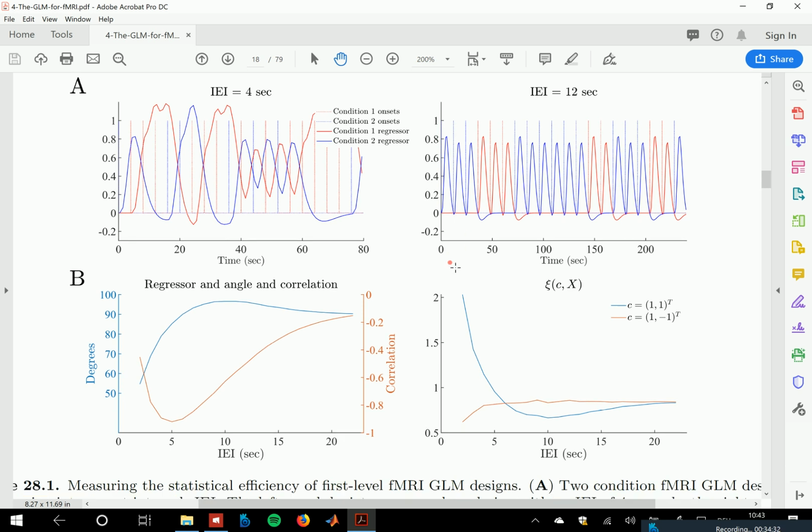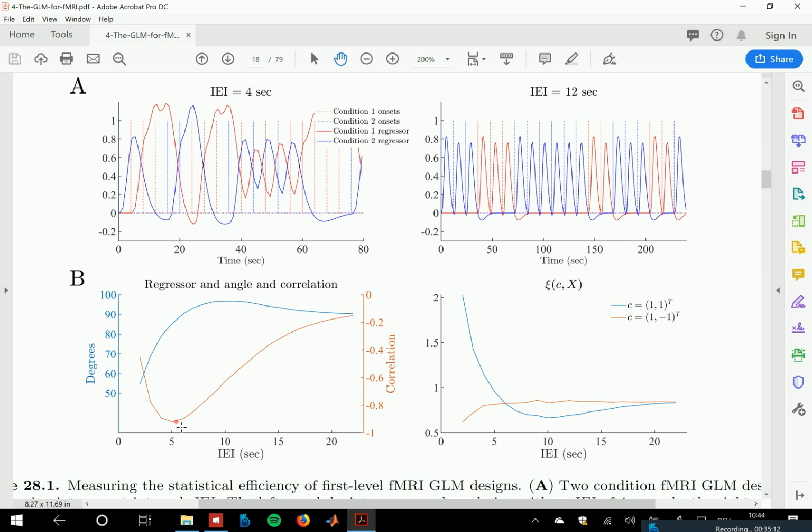Now, I do two things. Just for the fun of it, I look at the regressor angle in terms of degrees, and the correlation, just like we did last time, to emphasize the fact that correlation and angle or orthogonality are not necessarily the same thing. What you see here is that the correlation is basically non-zero all the time, specifically between these two regressors.